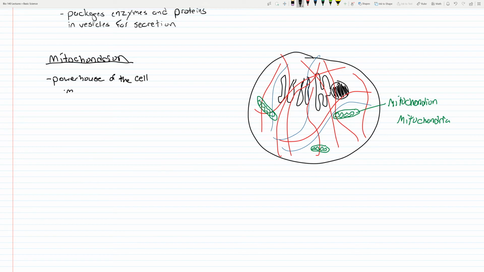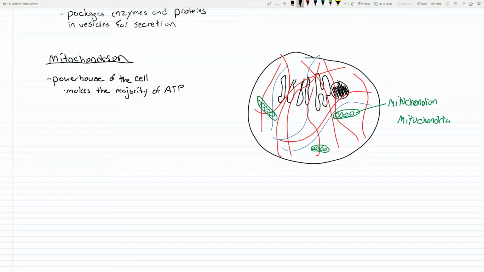It makes the majority of your ATP. And remember, ATP is adenosine triphosphate, and that is the molecular storage of energy itself.